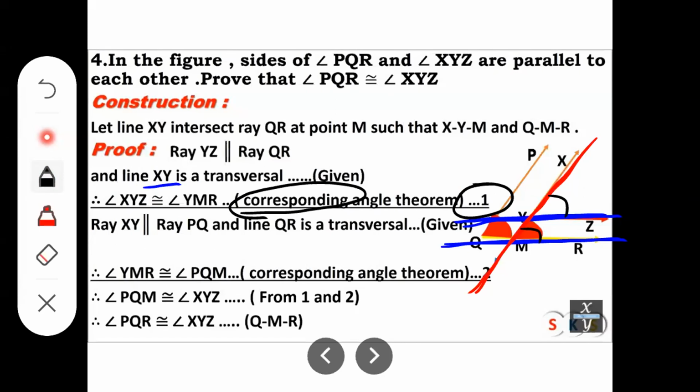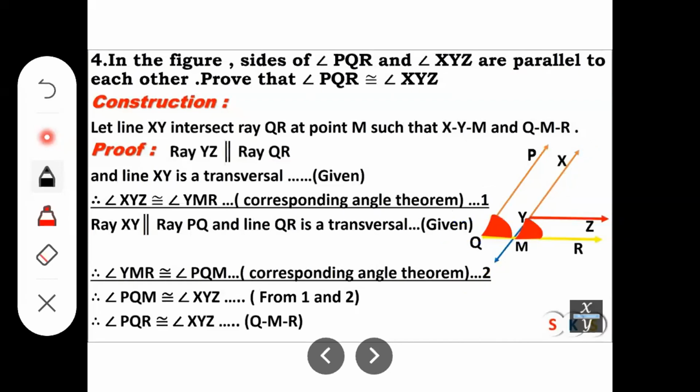Understood? In the first case, we have to take these two lines parallel to each other and their transversal and find the corresponding angles, and write it. Now in another case, the parallel lines will change and their transversal also.